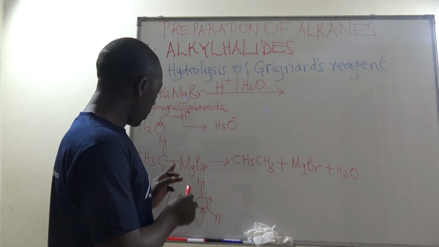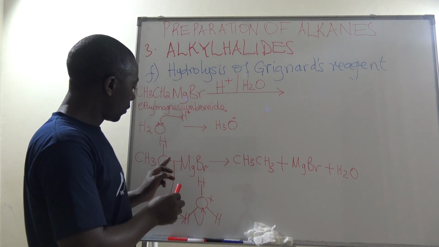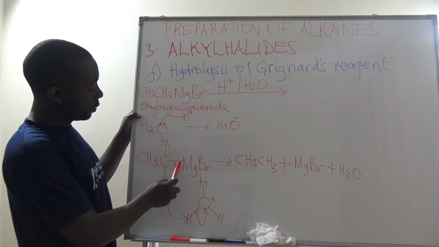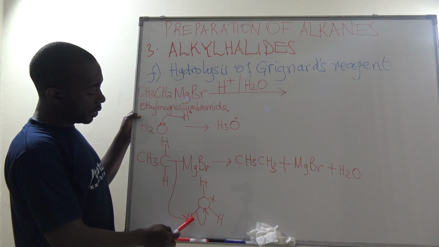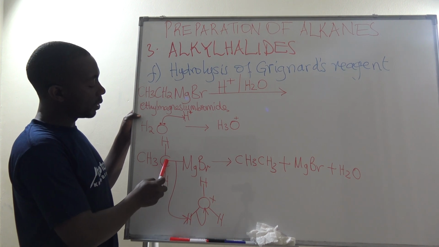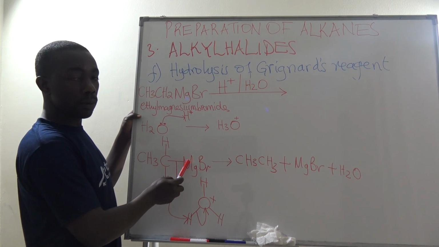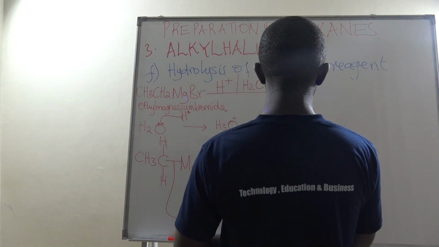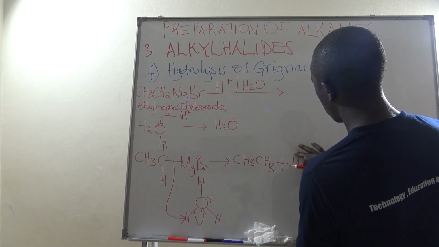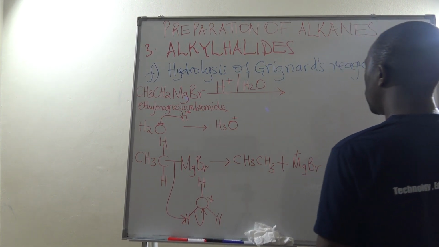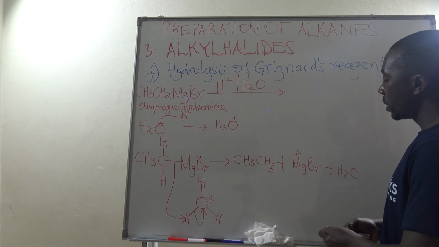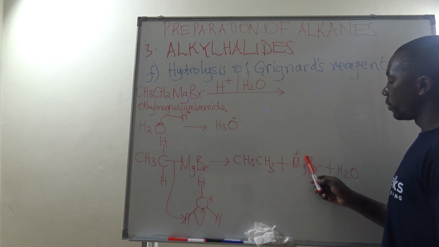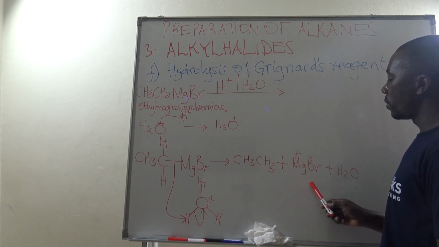Remember this bond has broken, and the bonding electrons along with this bond have been donated to hydrogen so that it comes here. Now it leaves magnesium electron deficient, so it should carry a positive charge, because magnesium is a group 2 element that donates 2 electrons to form an ionic bond.